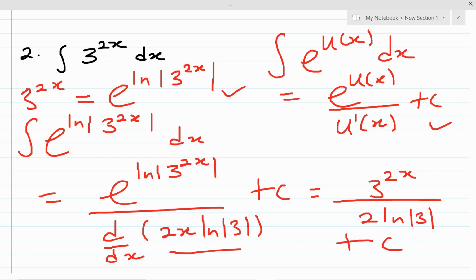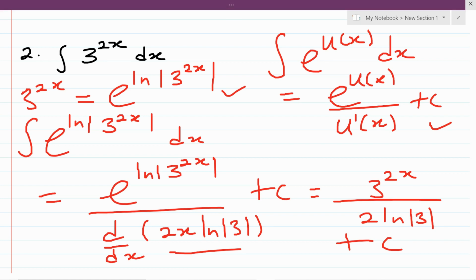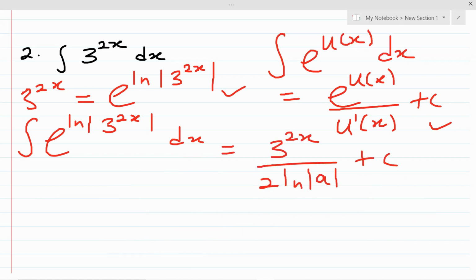Let's write it at the top so that we can see clearly. So this is what we get for our final answer. You can actually generate a formula for integrating this, but that depends on you. Me, I always prefer using this basic idea, because sometimes the base you'll be dealing with is not a number.